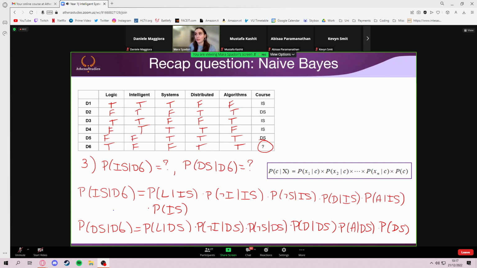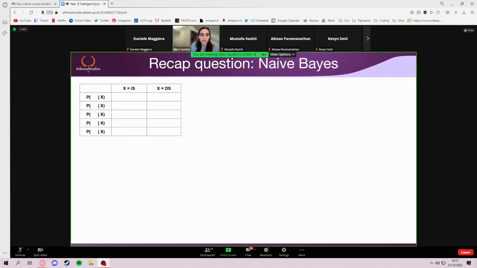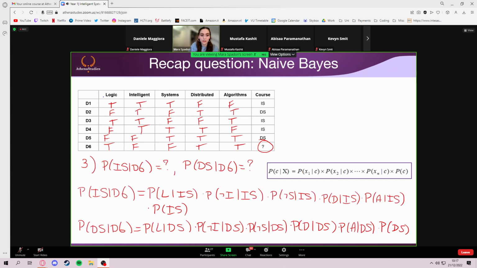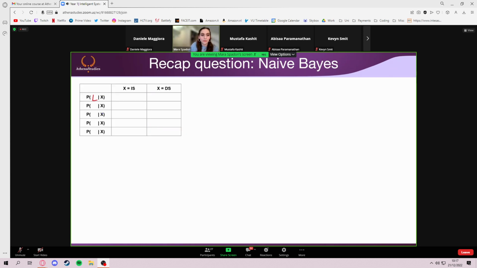Now I want to actually calculate these. For this, I made a little separate table. So we wanted to find logic, not intelligent, not systems, and then distributed and algorithms, right? That is what we want to find.